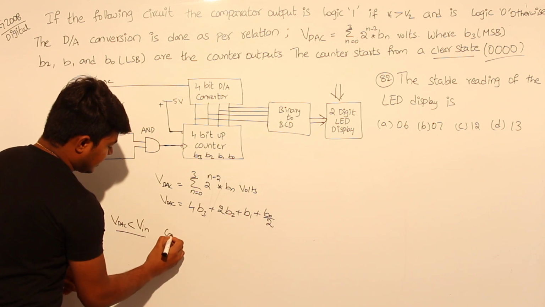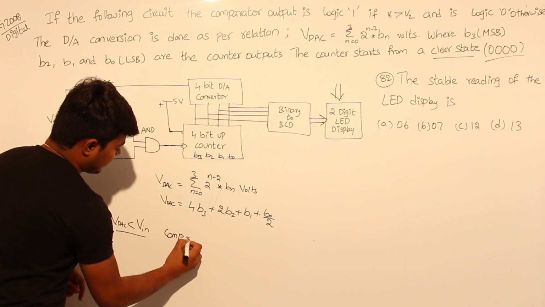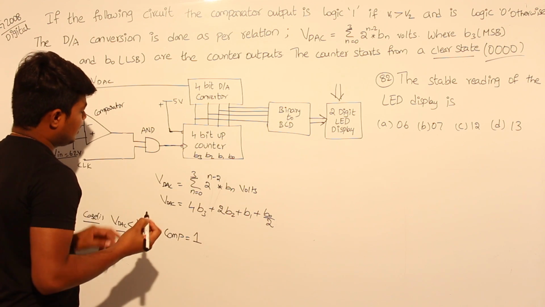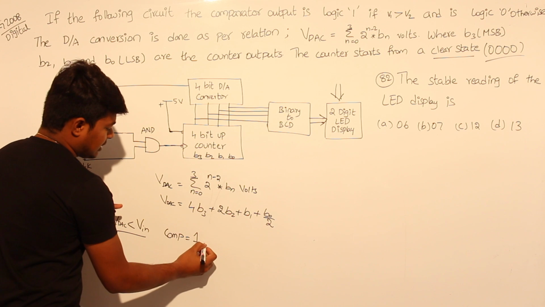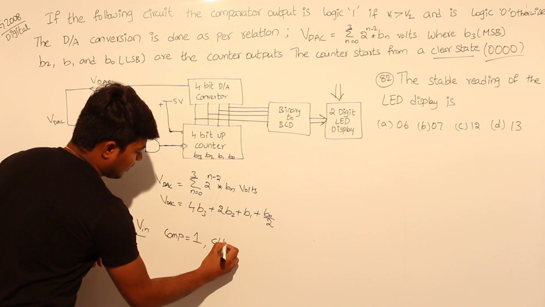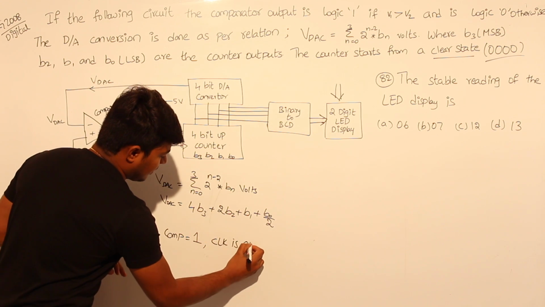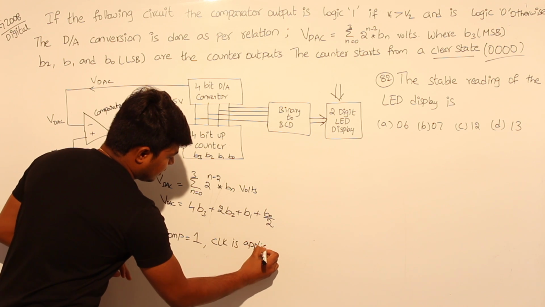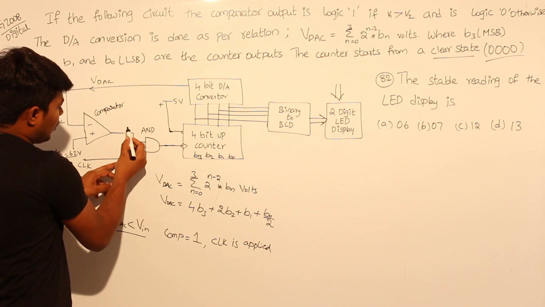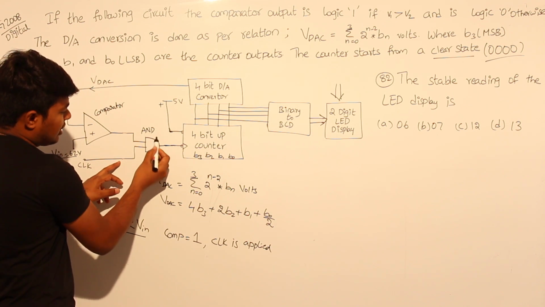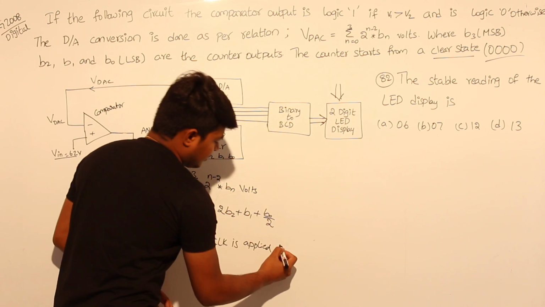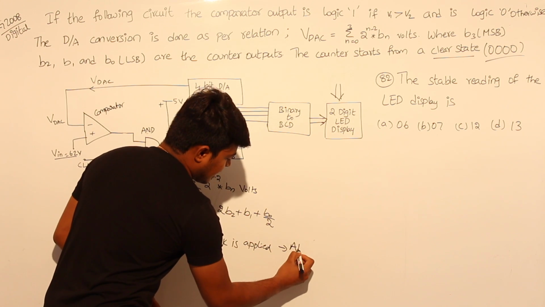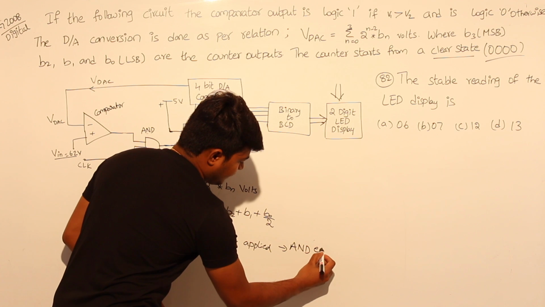Then the output of the comparator will be 1. So clock is applied, such that if both are 1, the AND gate acts as enable.